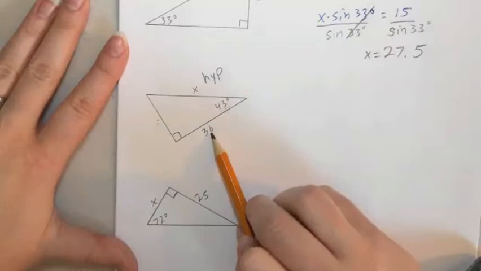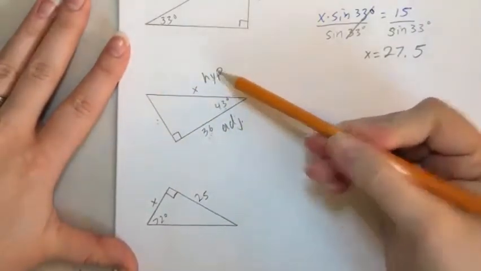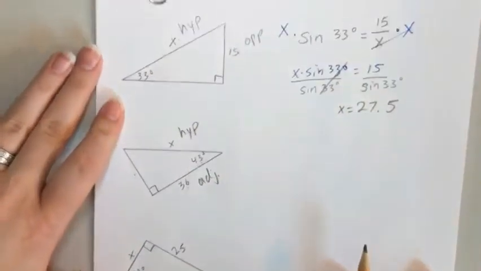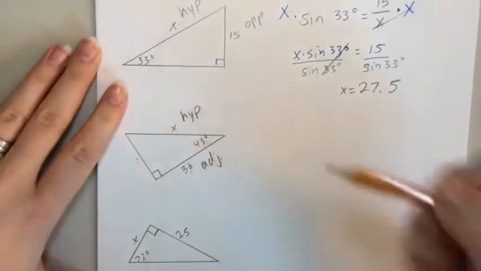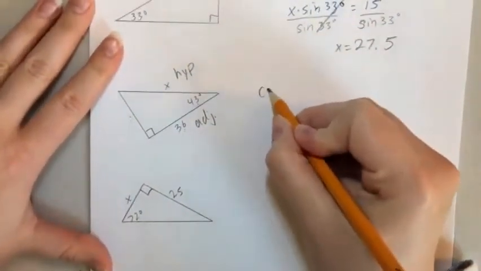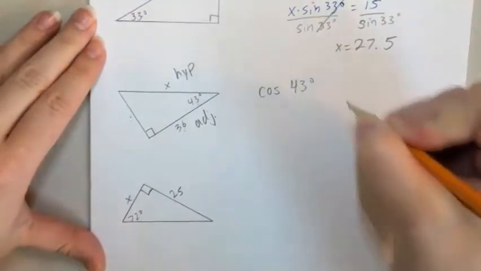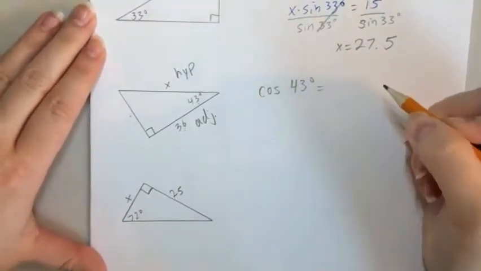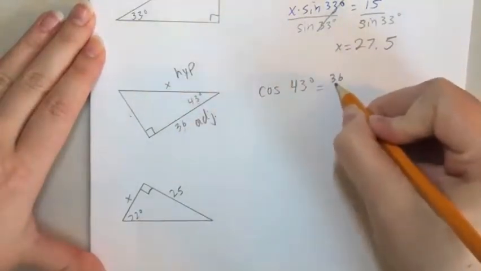This is the one that's right next to my angle, so that's adjacent. All right, adjacent and hypotenuse, what should I use? I look back at SOHCAHTOA. Adjacent hypotenuse is CA for cosine. So I'm going to write cosine of my angle, 43, equals adjacent over hypotenuse, 36 over X.